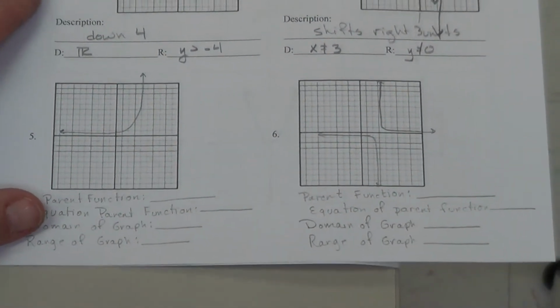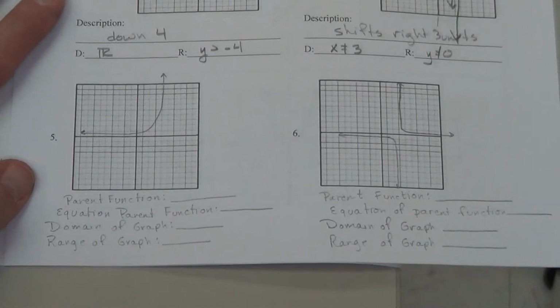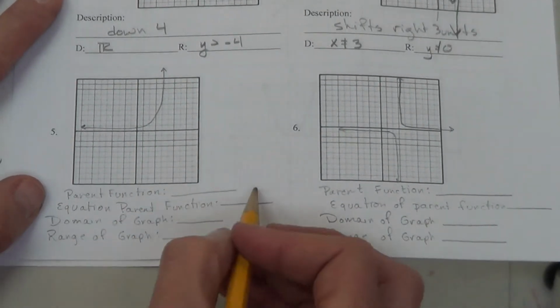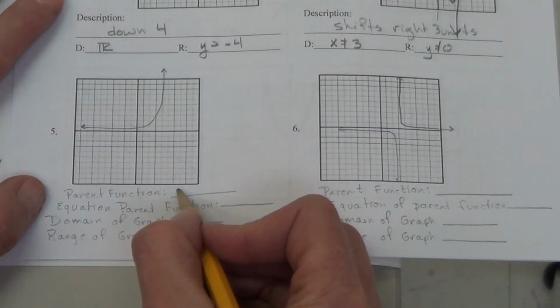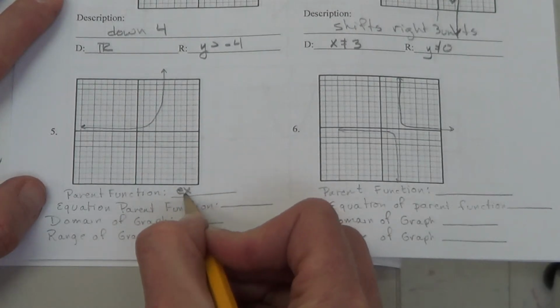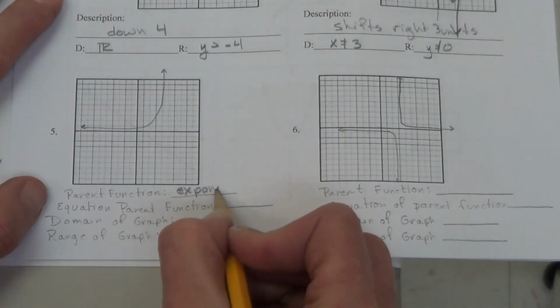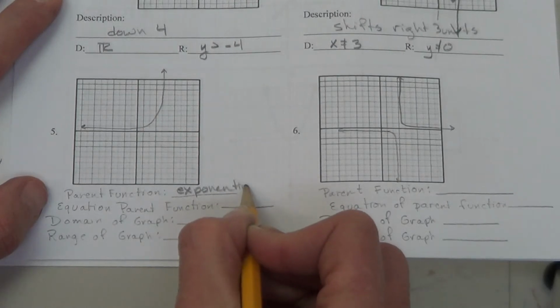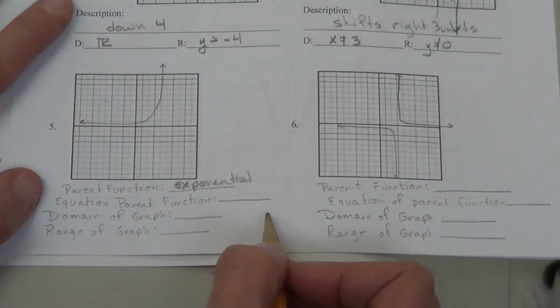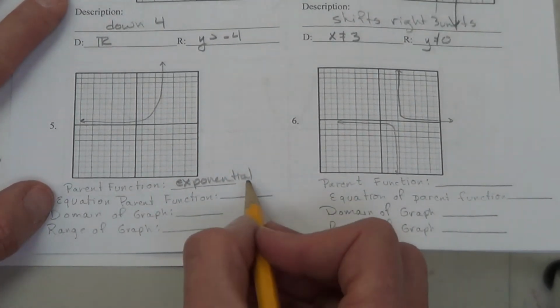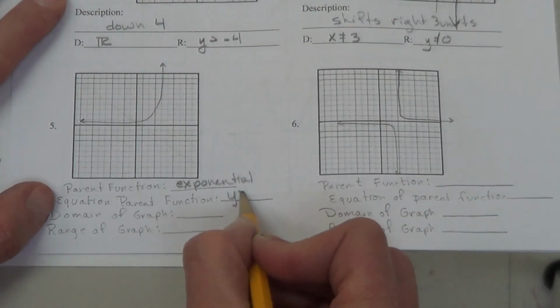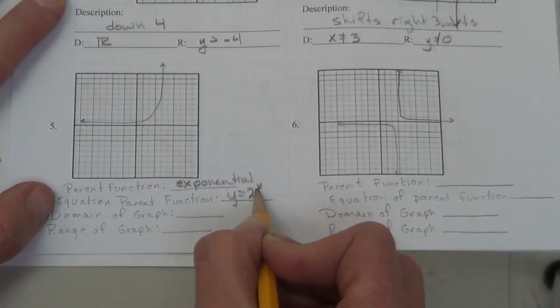Okay, down to the bottom functions here. I'm wanting you to tell me the parent function for this. That is an exponential function. The equation for the parent function is y equals 2 to the x.